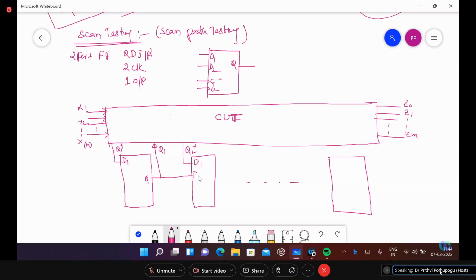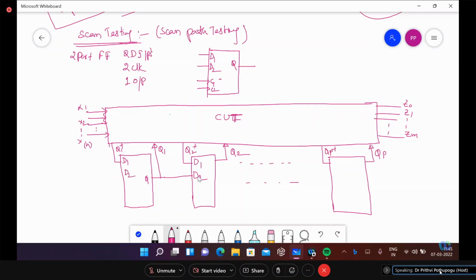And this is Q2. Take this as stage P, QP plus, and this is Q of P. Here you have D2.